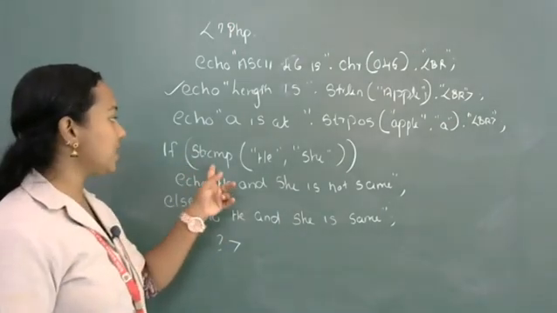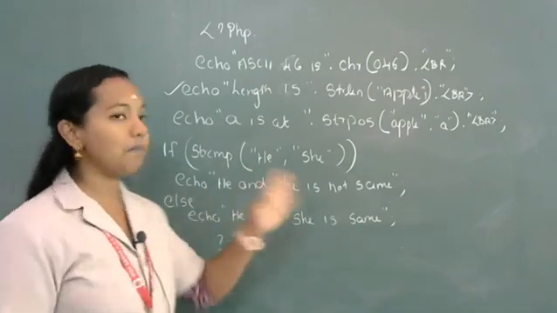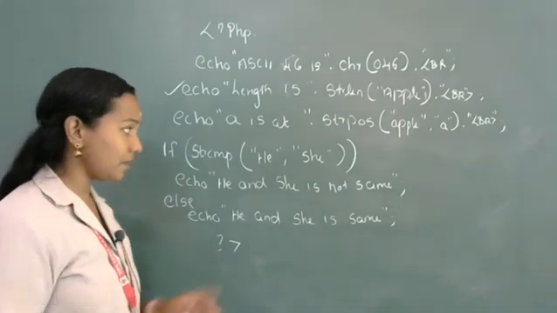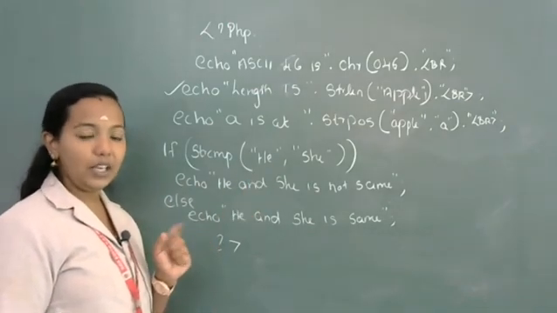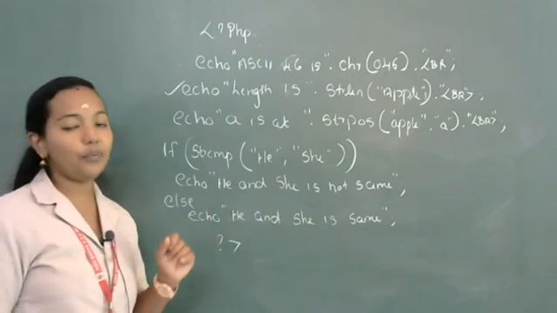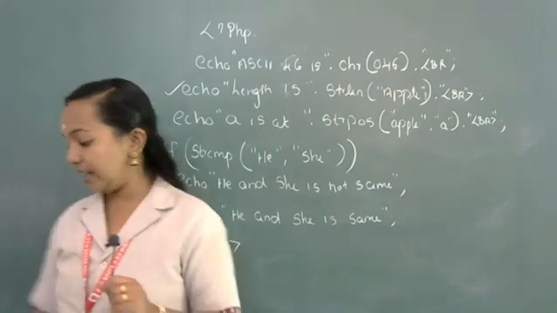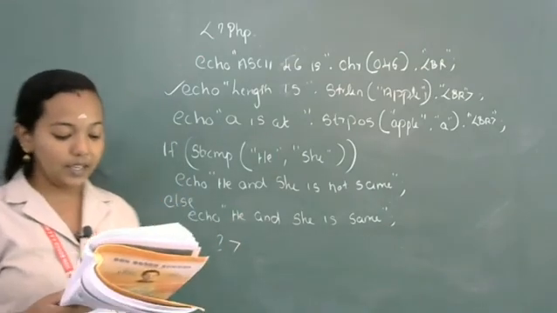Then strcmp of he comma she: if both the strings are the same, we will get 0. That means the else part will execute, otherwise the false part will execute. That is the speciality of strcmp. It compares two strings.